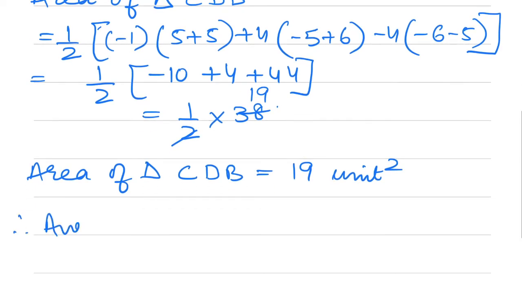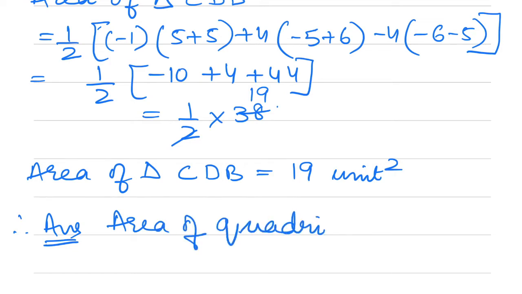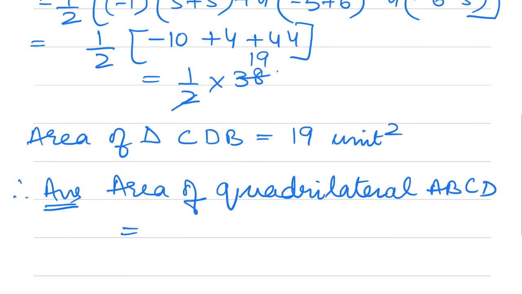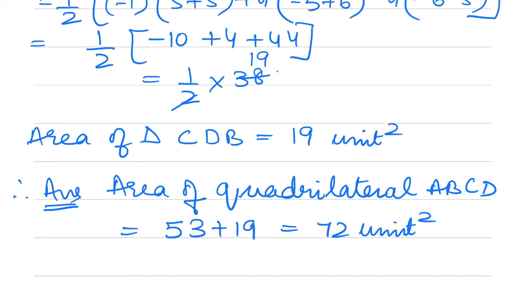Therefore, the area of quadrilateral ABCD is equal to, we got 53 and 19, so this is equal to 72 unit square.